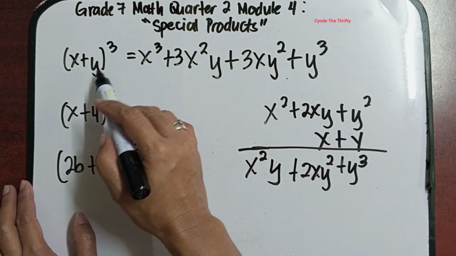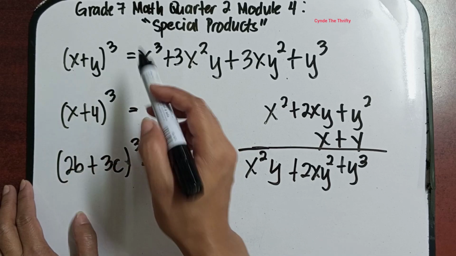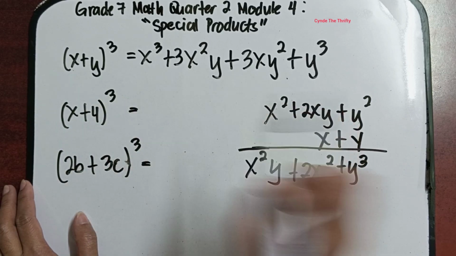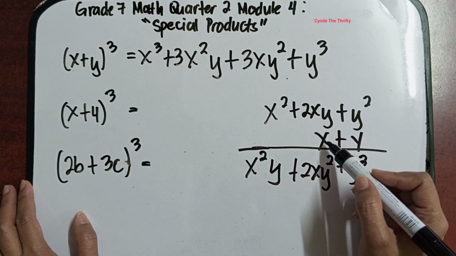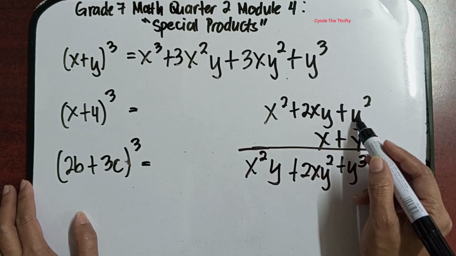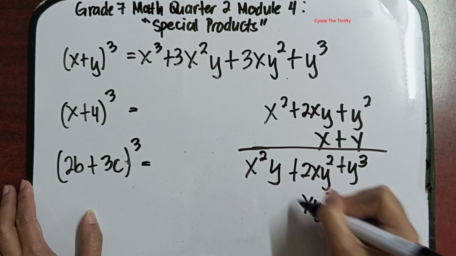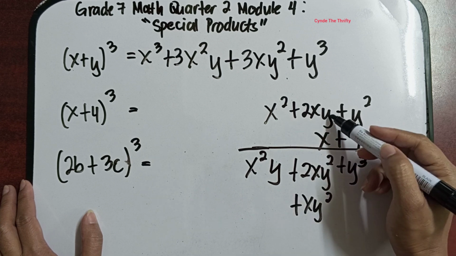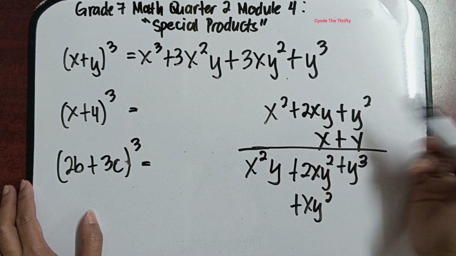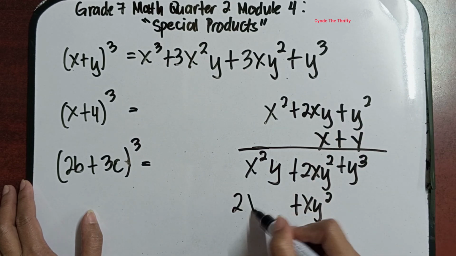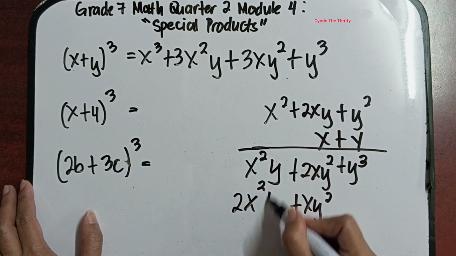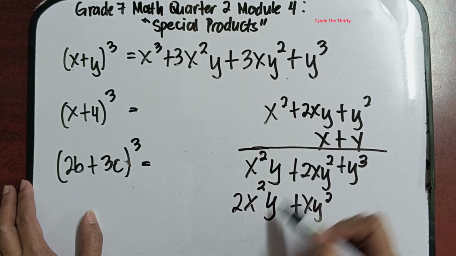Pero kapag alam mo yung cube of sum of cubes, automatic na meron ka ng sagot. Okay, pagpatuloy natin. So si x naman. x times y squared is equal to xy squared plus x times 2xy is equal to 2x squared y. Okay, so 2x squared y.